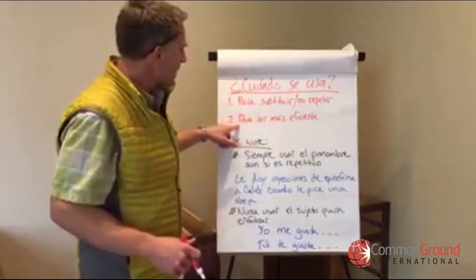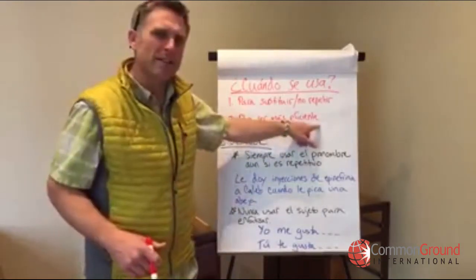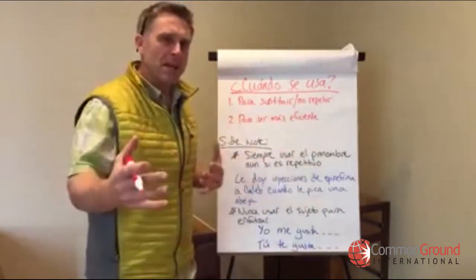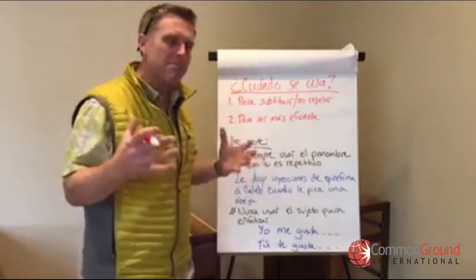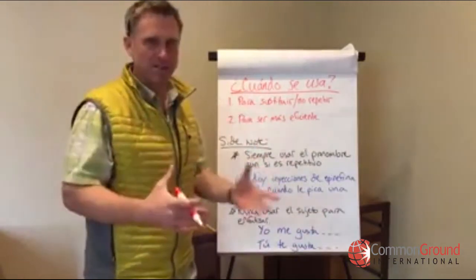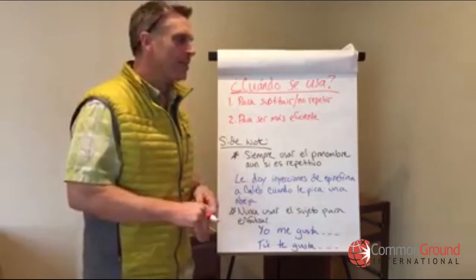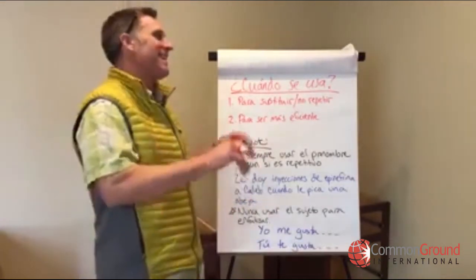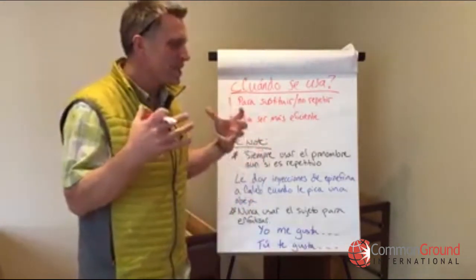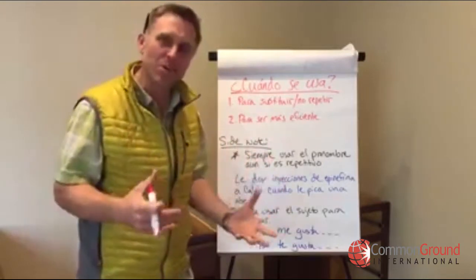Bien. Para ser más eficiente. Now, this one is just one of those realities of speech. When we're speaking, we tend to try to be as efficient as possible. And I don't think this is just a guy thing, but you try to communicate your message in as few words as possible.